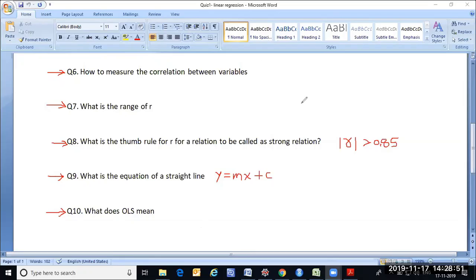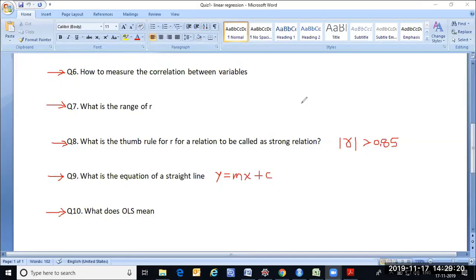Because there are various lines that can be drawn through the data points. But out of all the possible lines, we choose the best fit line based on the OLS technique, ordinary least square technique. Whichever line maintains the least distance with all the data points will be chosen as the best fit line.